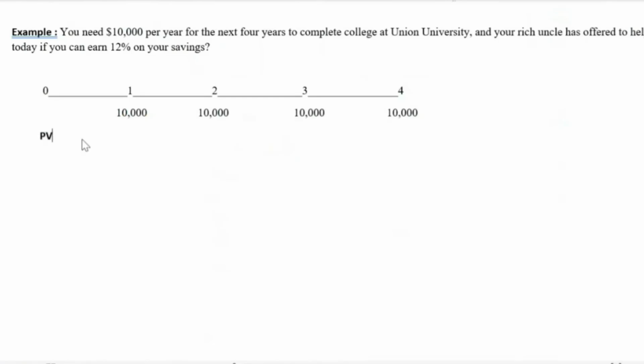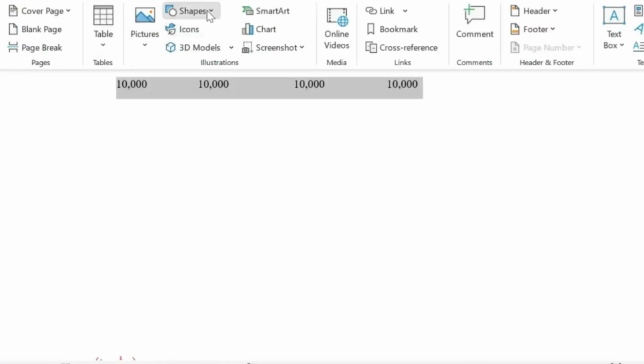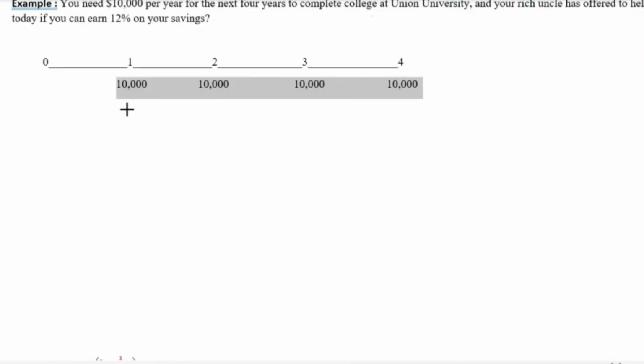Follow the idea of how we figure out future value annuity. We treat the cash flows in a group like a single cash flow, one by one. We figure out, in order for you to have $10,000 next year, how much uncle needs to provide.